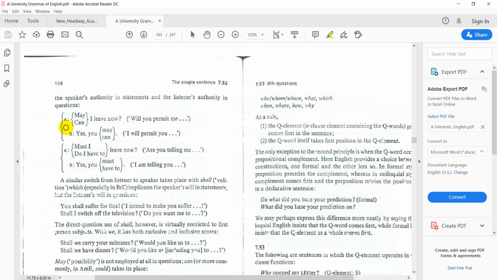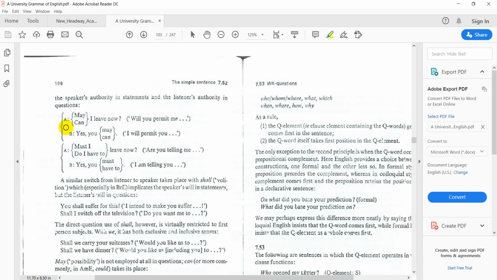So he or she will say, must I leave now? Do I have to leave now? See, it is in the form of a question. Are you telling me to leave now? Are you obliging me to leave now? The speaker will say, yes, you must leave now. Yes, you have to leave now. I'm telling you to leave now.